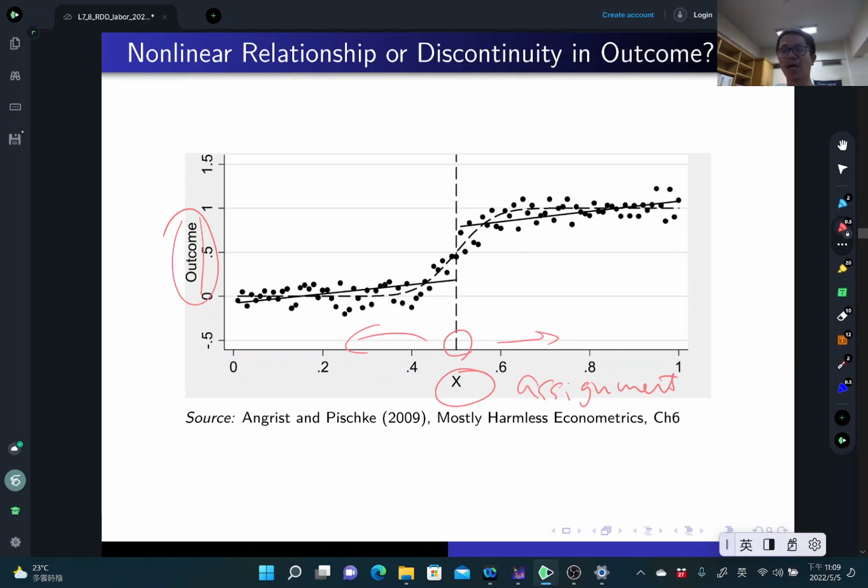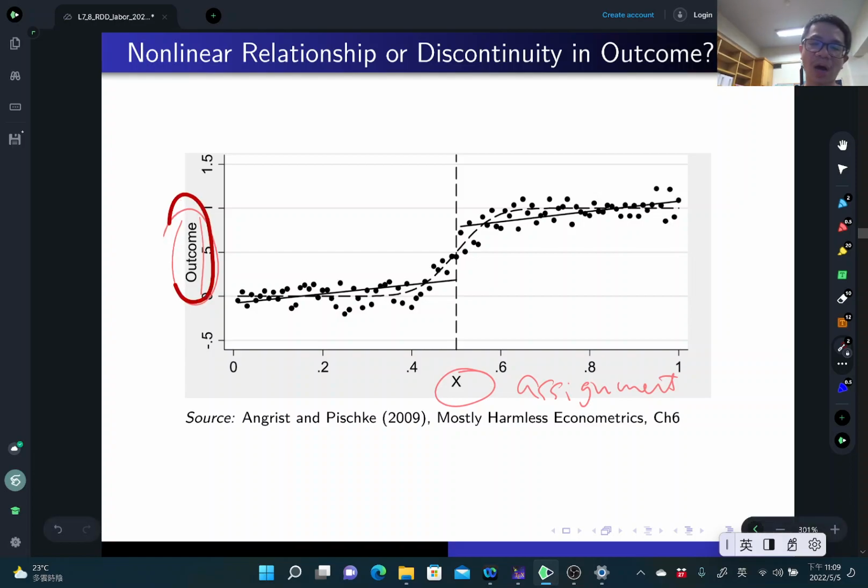In this example you can see the data actually tell you there is no discontinuity around the cutoff. The data points go very smoothly over the cutoff. But suppose you assume the relationship between the outcome and assignment variable is linear.